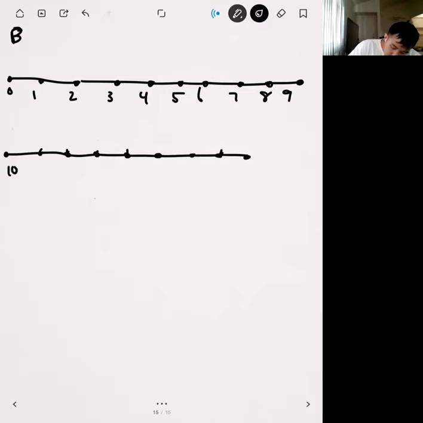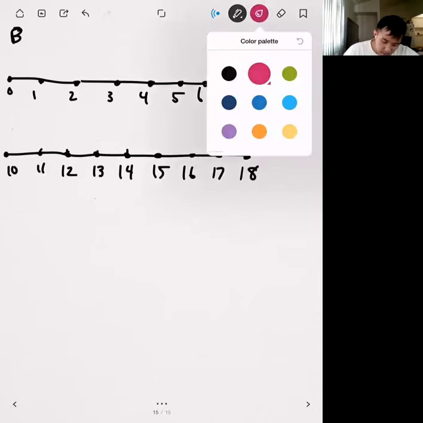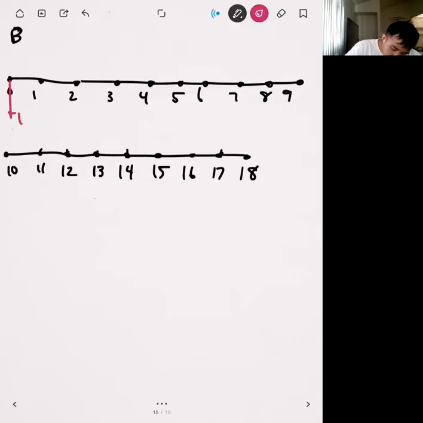This is 10, 11, 12, 13, 14, 15, 16, 17, 18. And so first, let's draw our cost first.